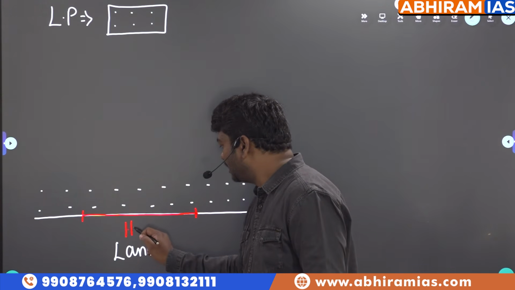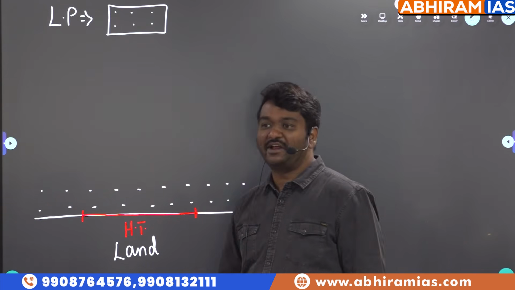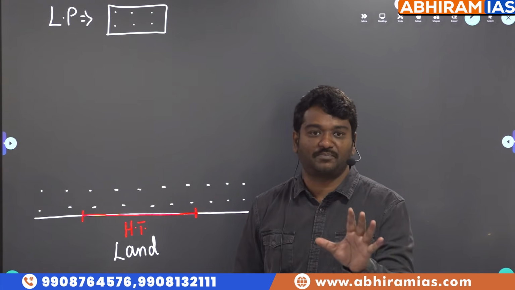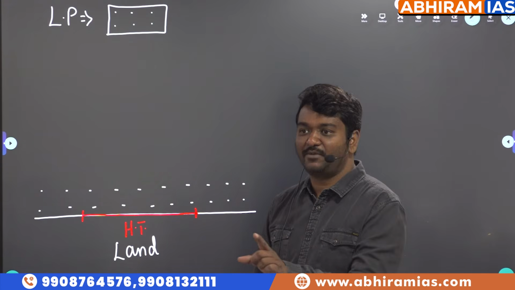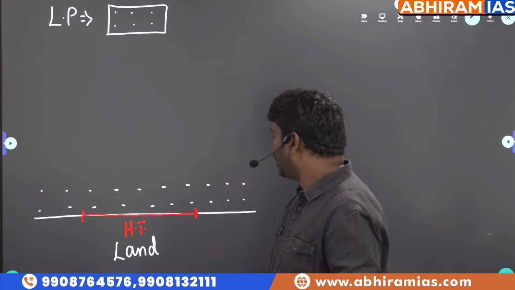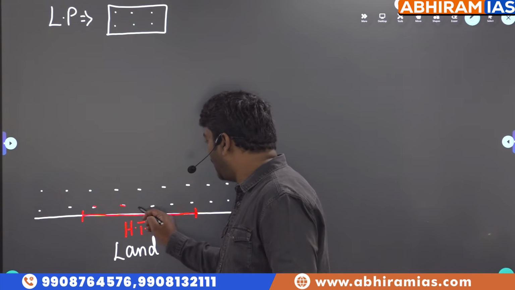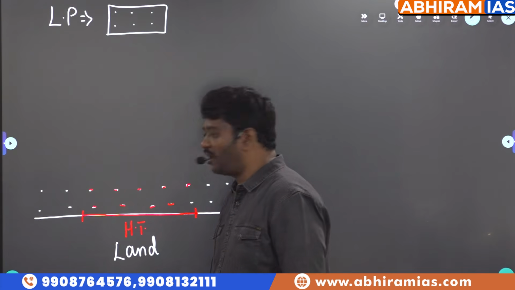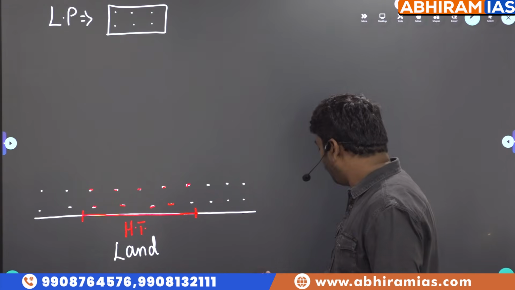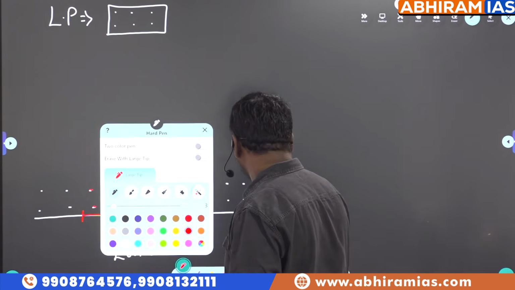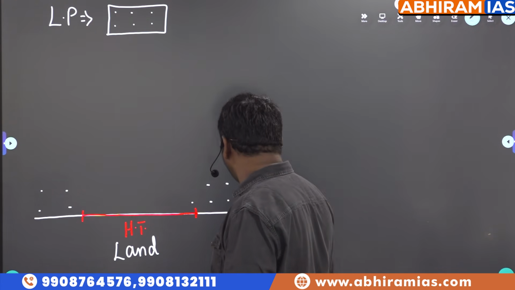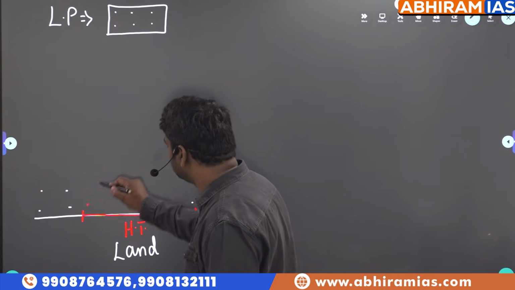That means, please understand, I am not talking about air temperature, I am talking about land surface temperature. Land has become hot. When land becomes hot, air above the land will also become hot. And what will happen to the hot air? Will it be there only or will it rise? Rise.